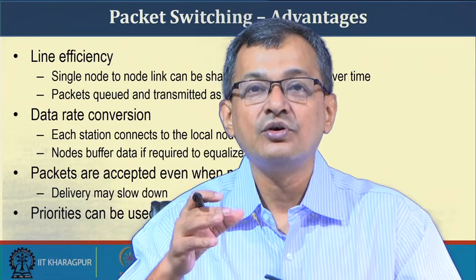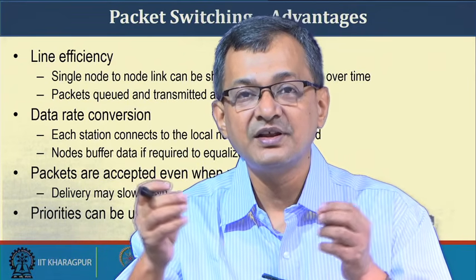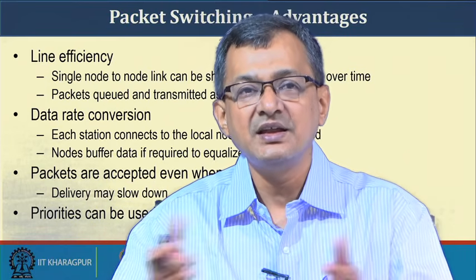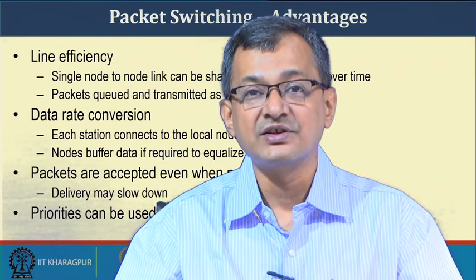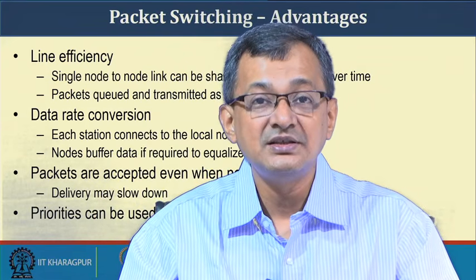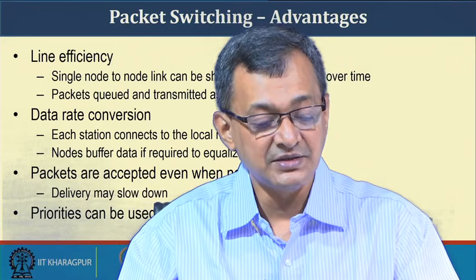Communication between different edges and different nodes may be at different speeds, so it makes a rate conversion. That is possible because these are small packets handled independently of each other.